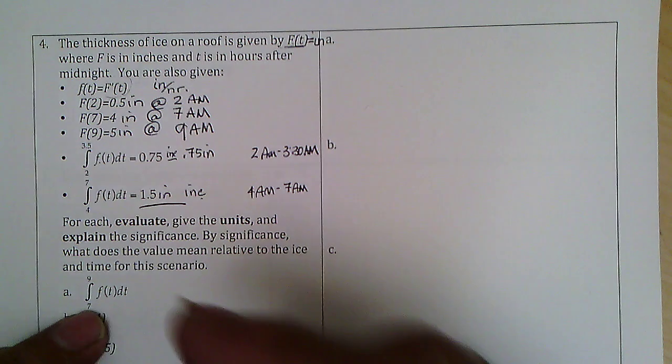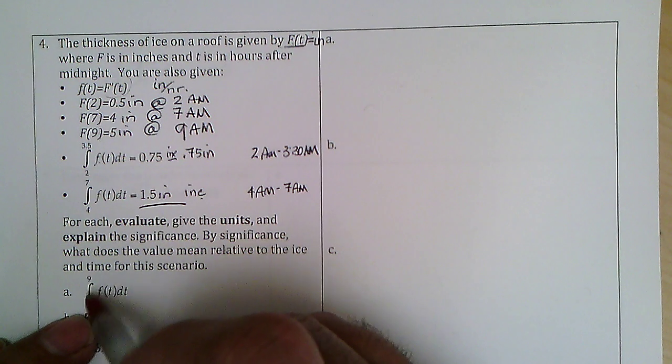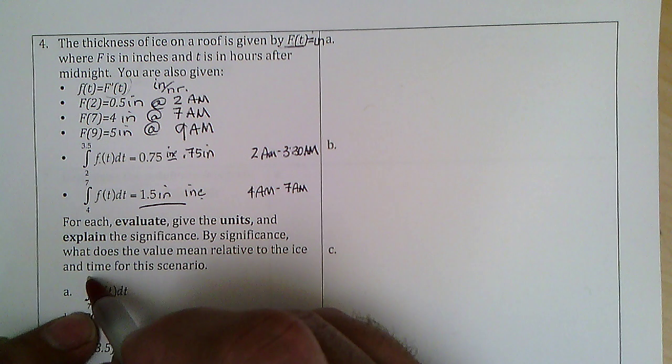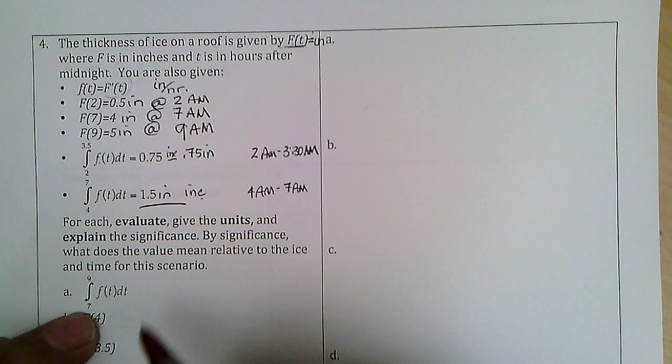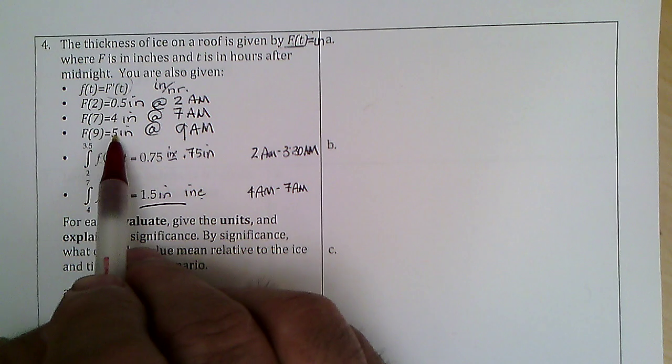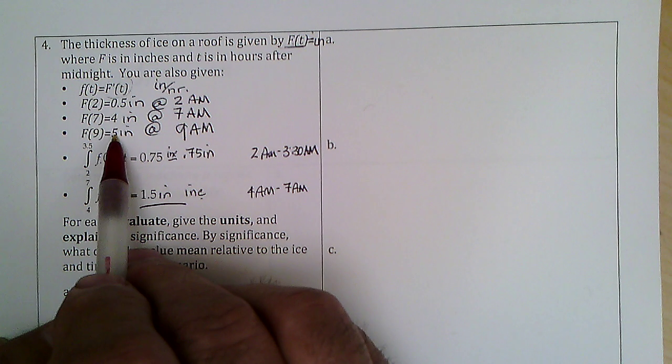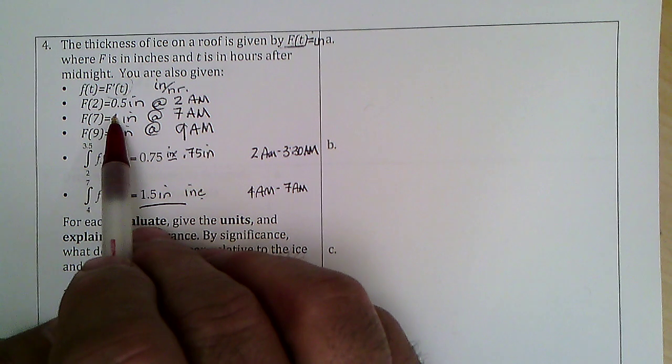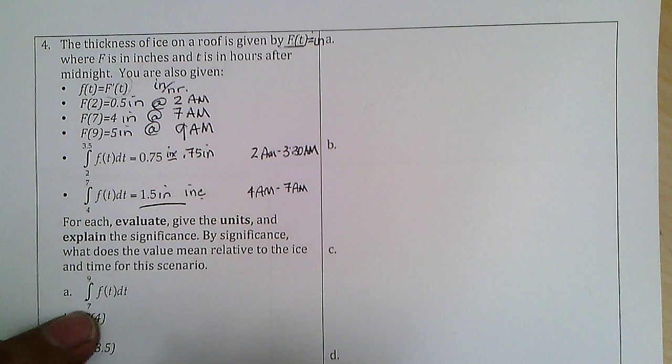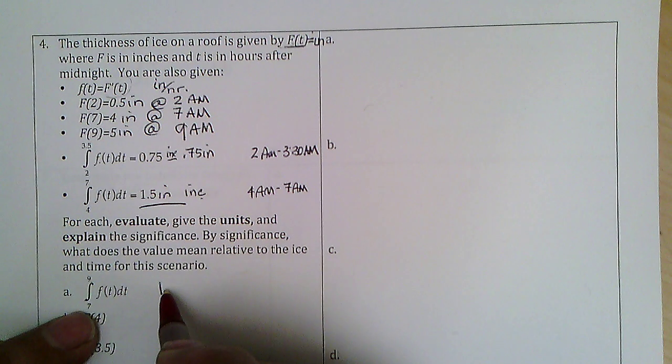A, how much did it increase? Because this is the change, the area. How much did it increase from 7 to 9? Well, at 9, it was 5 inches. At 7, it was 4 inches. So it must have gone up 1 inch.